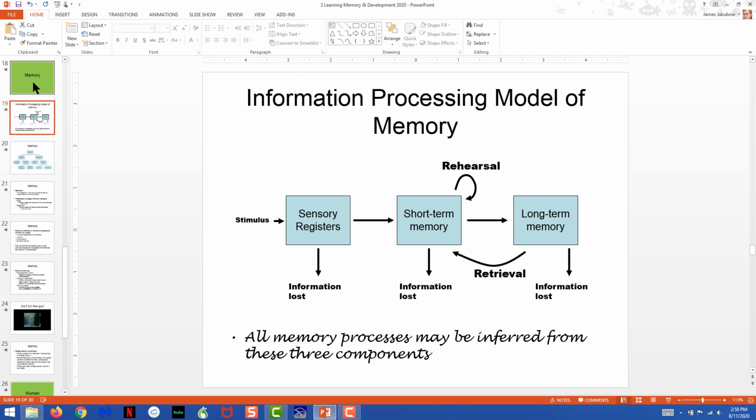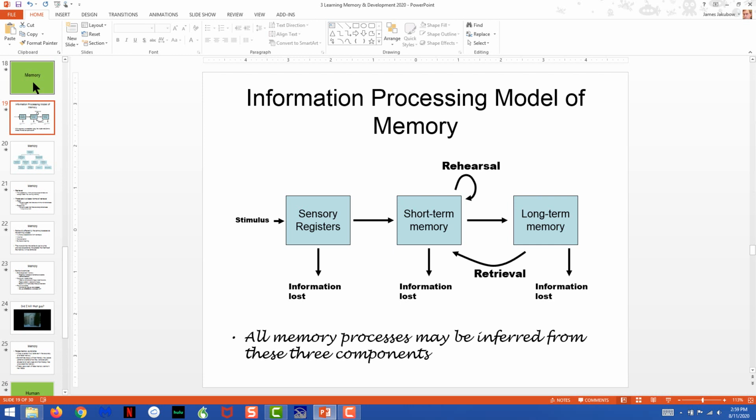Now, I mentioned short-term memory generally has a lifespan of about 30 seconds. So that means that anything that you retain for longer than 30 seconds is, by definition, part of long-term memory. But of course, if anything is retained for 30 seconds, 40 seconds, 50 seconds, it's much less likely to be retained permanently than something that may have been retained for an hour or 2 hours or 5 weeks or a year, right?